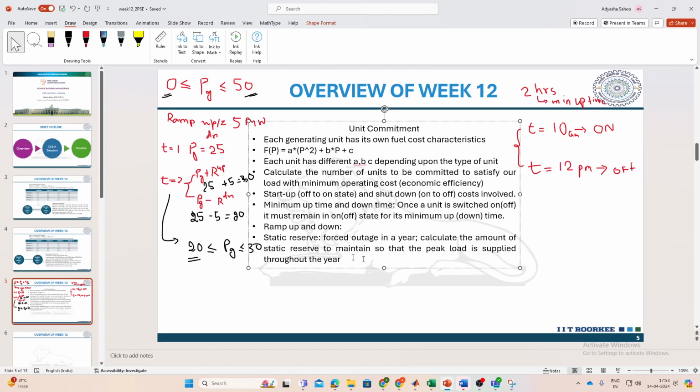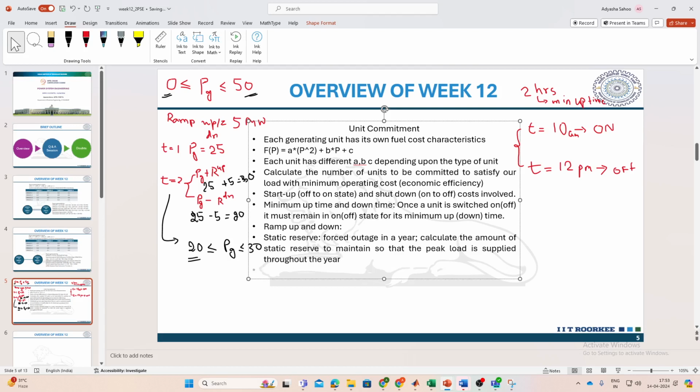So for that you need to keep this static reserve. That means for 100 megawatt of peak load, you need to have some percentage, let's say 110 or 120 megawatt of generation with you, so that in such a forced outage condition, your load can be supplied even when the unit is off. So that is your static reserve.